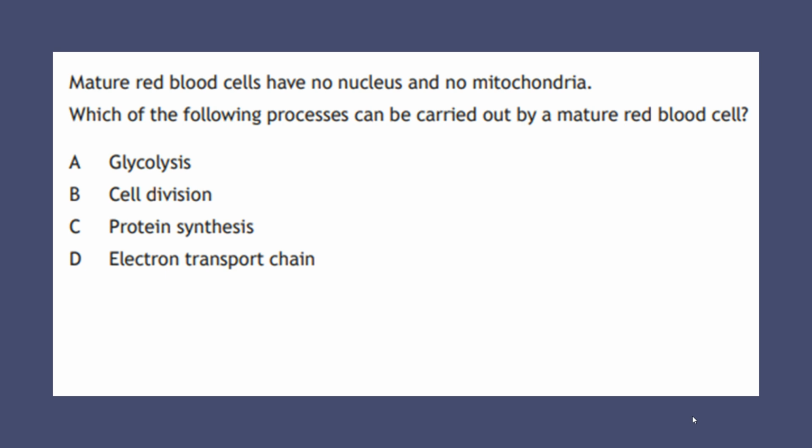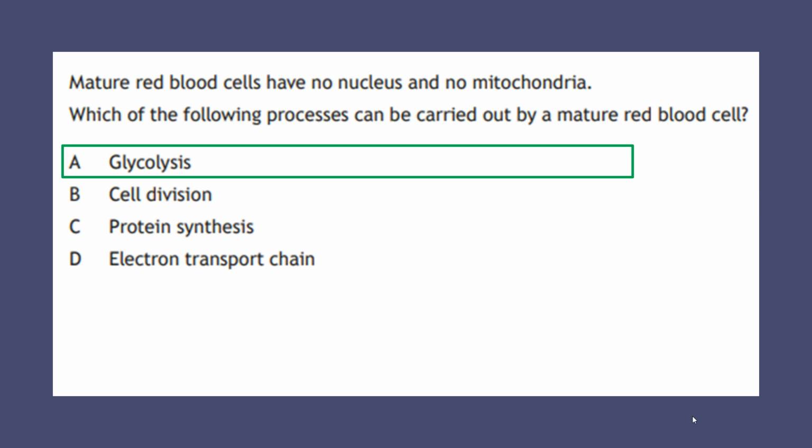Again, that would require a nucleus for the production of mRNA. It also can't do the electron transport chain. Remember, that happens within the inner membrane of the mitochondria. So that leaves A, glycolysis. Remember, that's taking place in the cytoplasm. So even without a mitochondria, that stage of cellular respiration can still proceed.